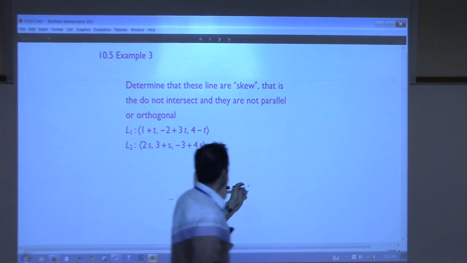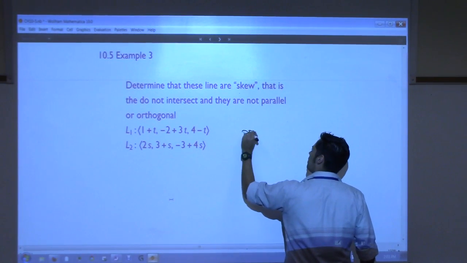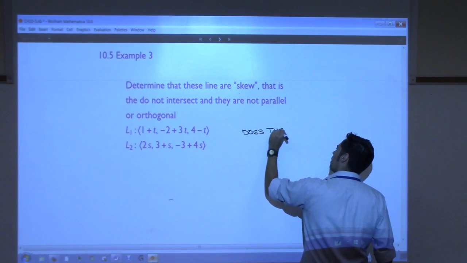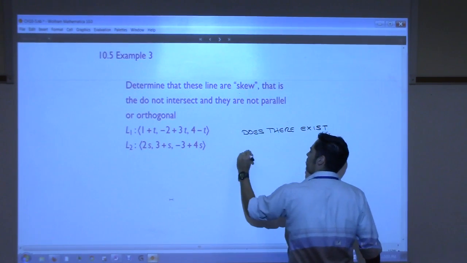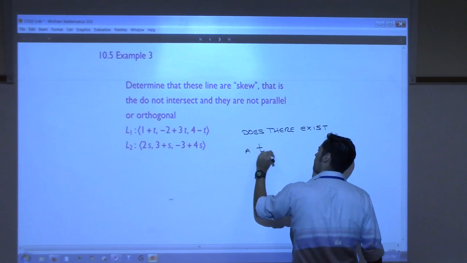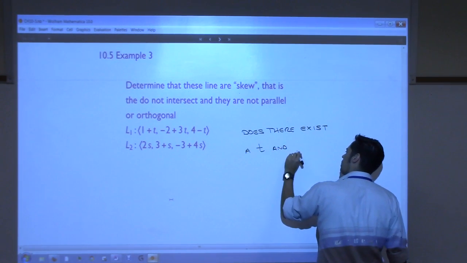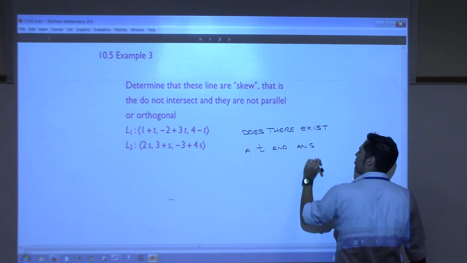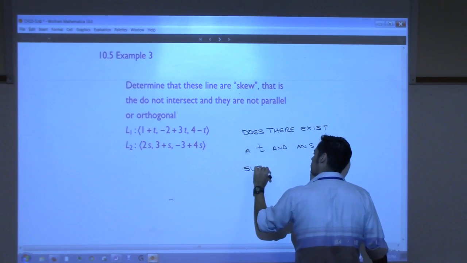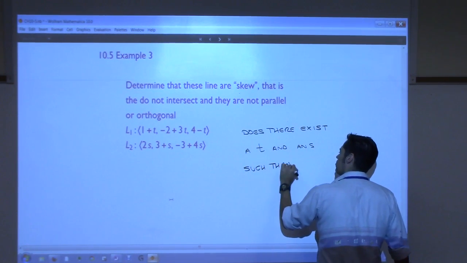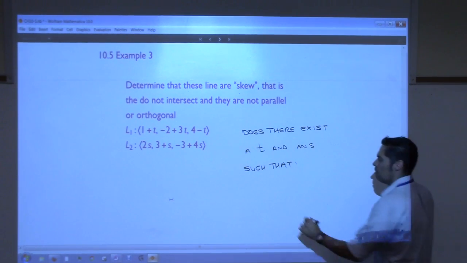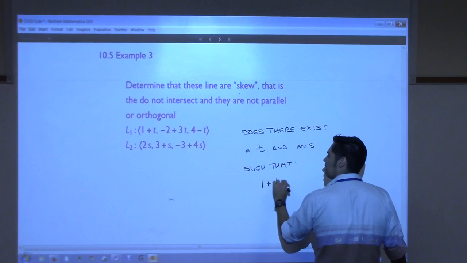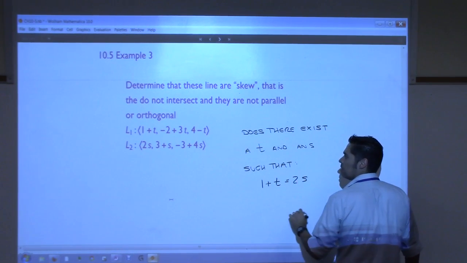So the question is, does there exist a t and an s such that the following is true? 1 plus t equals 2s.